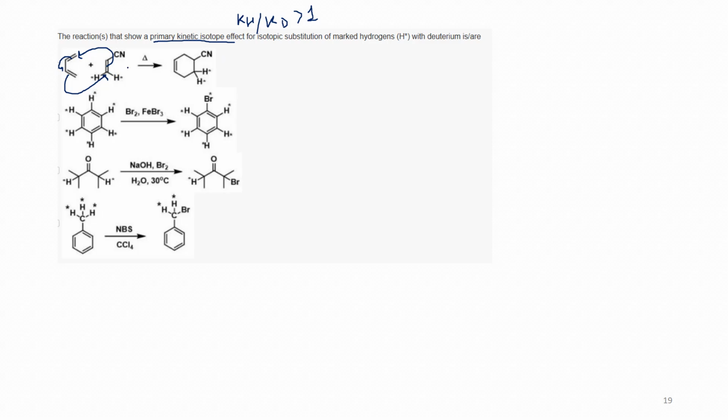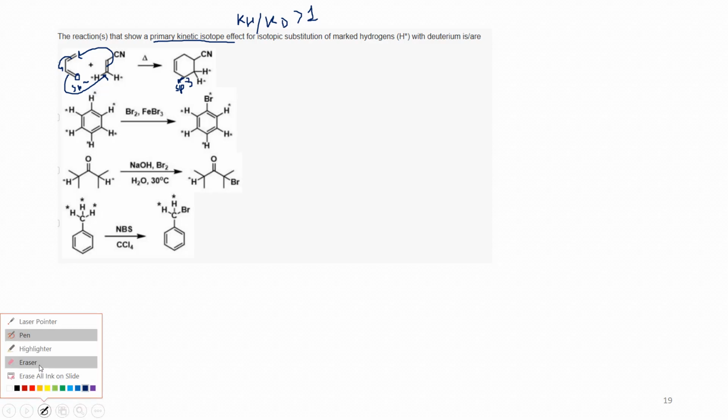What is just happening is the hybridization of this carbon: this carbon is sp2 hybridized, whereas in this case this carbon is sp3 hybridized. This is the only difference. So when there is a change in hybridization, that will show a secondary kinetic isotope effect. So that will only show a secondary kinetic isotope effect.